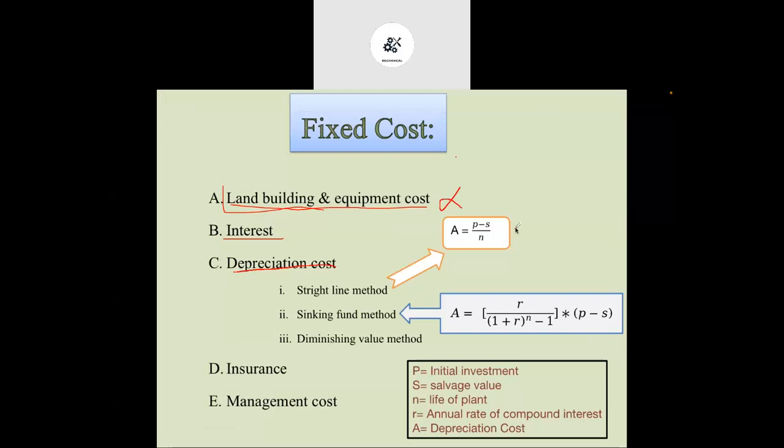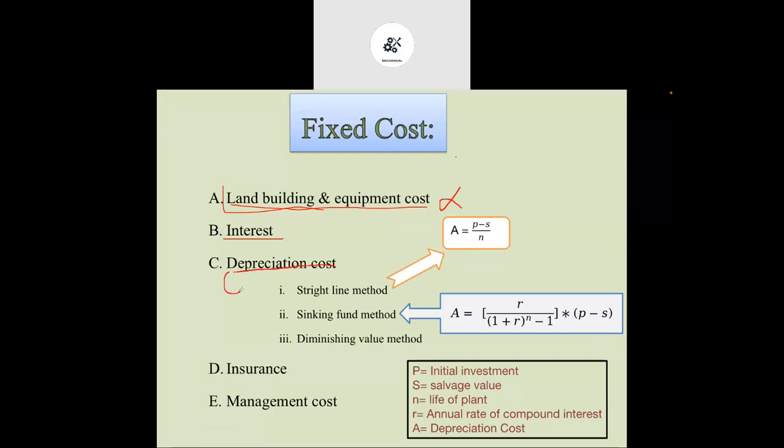So in that case, we have to make arrangements so that after some time, when that power plant is not workable, we must have that much money to install the new power plant.